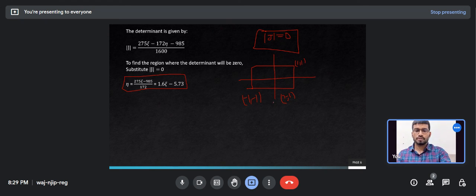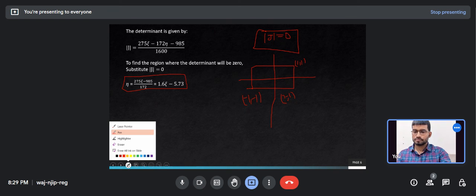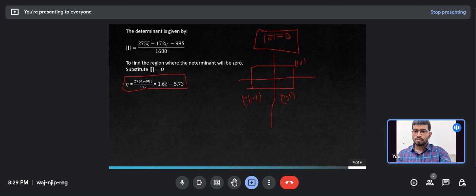And if you draw the equation of the region where the Jacobian matrix is 0, this is nothing but the straight line that will pass through the point minus 5.73, and this point is nothing but 5.73 divided by 1.6.